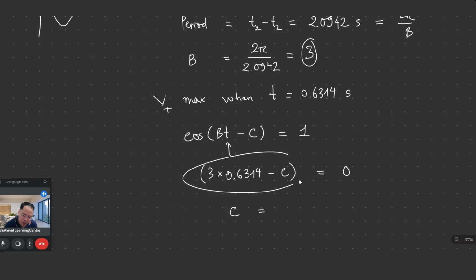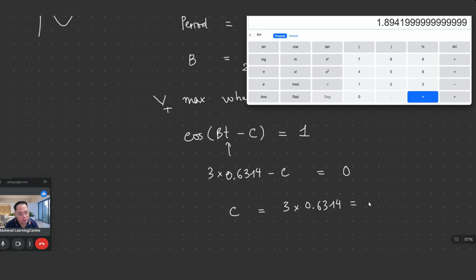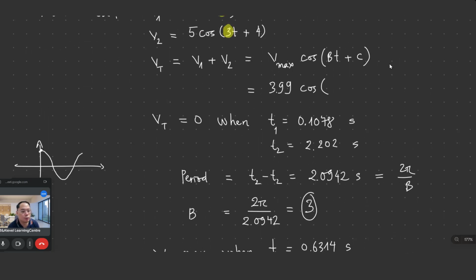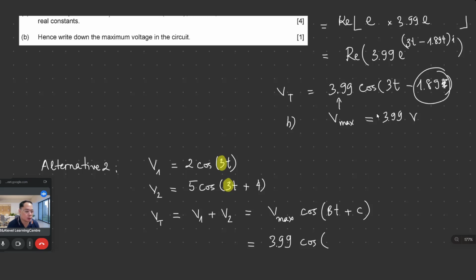This is a simple linear function, so it looks very familiar, right? c is simply 3 multiplied by 0.6314, which is 1.894.